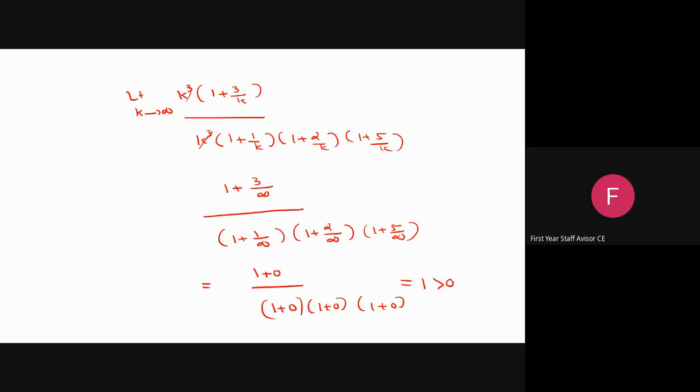So by the limit comparison test, we can say that b_k is a divergent series. Since summation b_k is a divergent series, then automatically, what happened? a_k also is a divergent series.